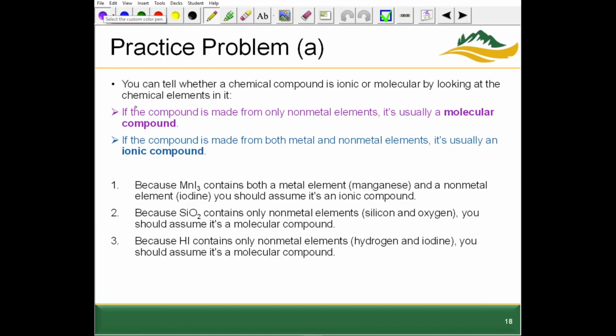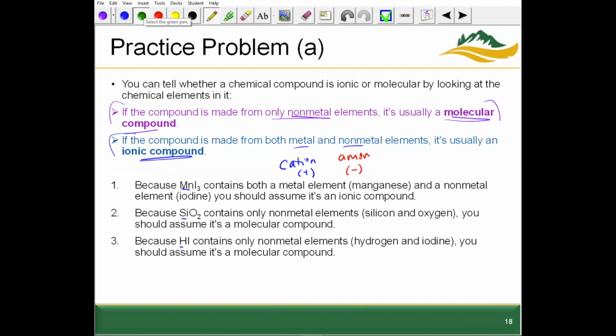I've said this a few times, we can't hear it enough though: if the compound is made from only nonmetals, we remember that's a molecular compound. If the compound is made from a metal and a nonmetal, that's an ionic compound. So in solving this problem, we need to decide if that first element here, the cation, is a metal.